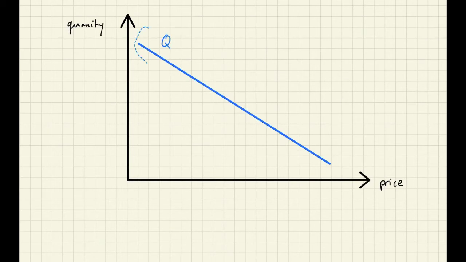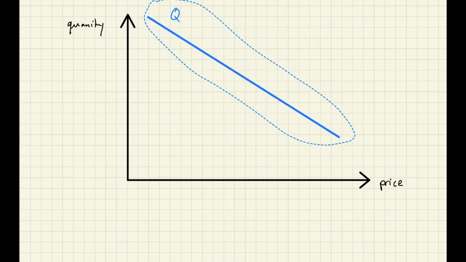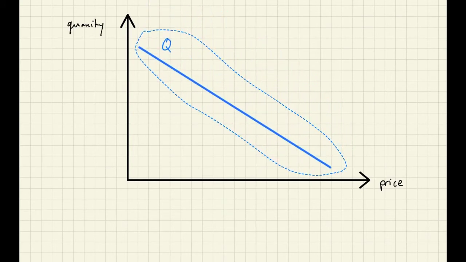The exact location of the demand curve will depend on the demand shock. For a given price, demand will be higher for cities or markets with a large demand shock, and it will be lower for markets with a low demand shock.